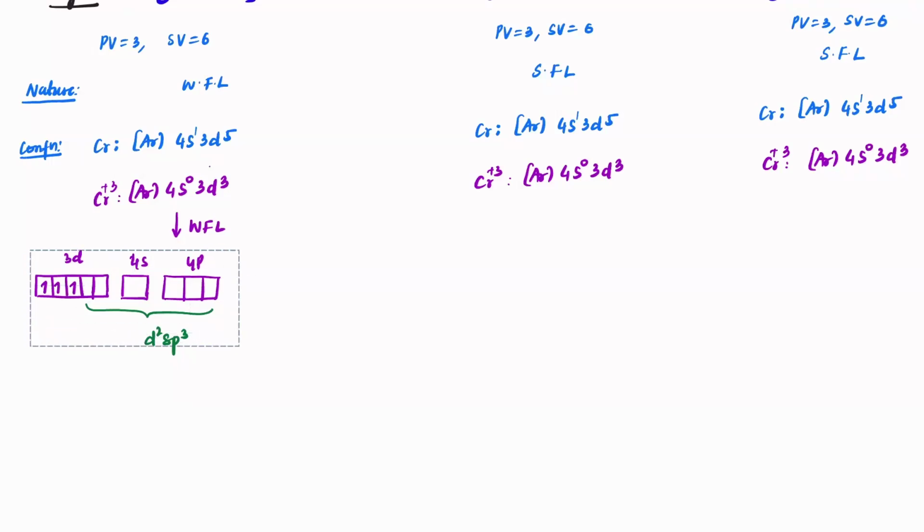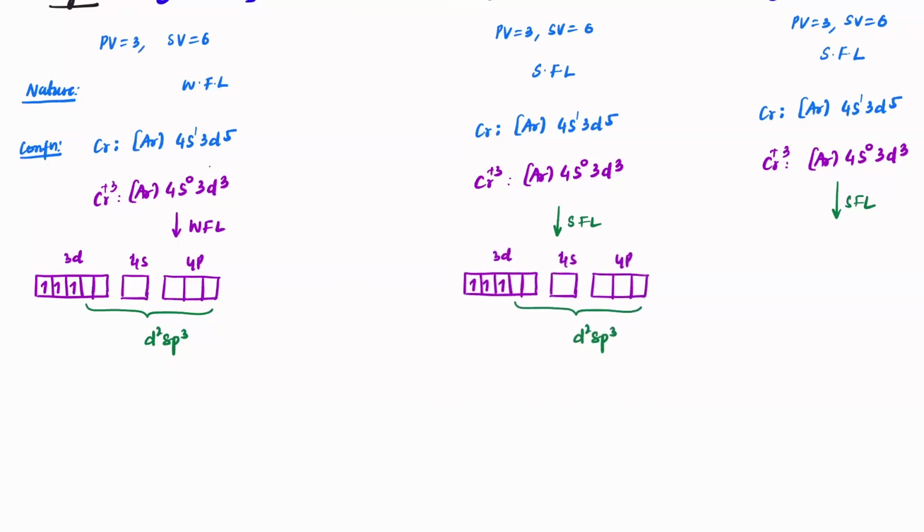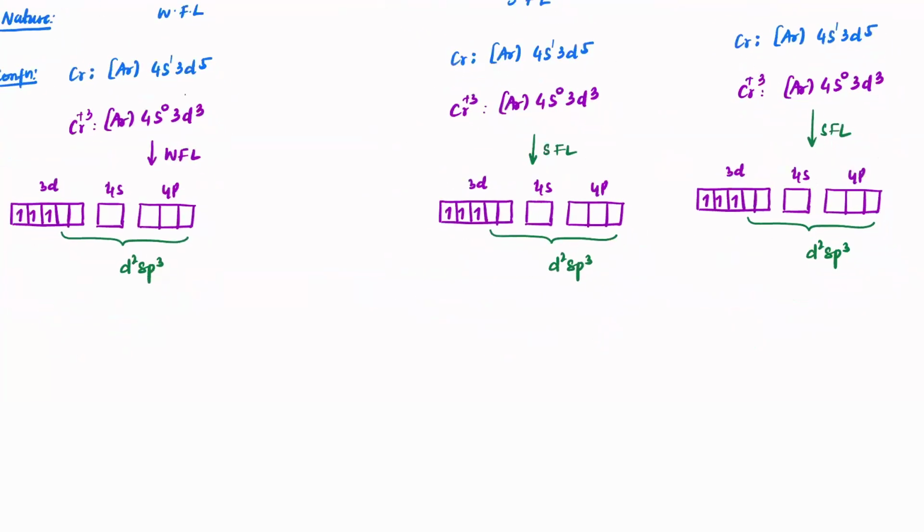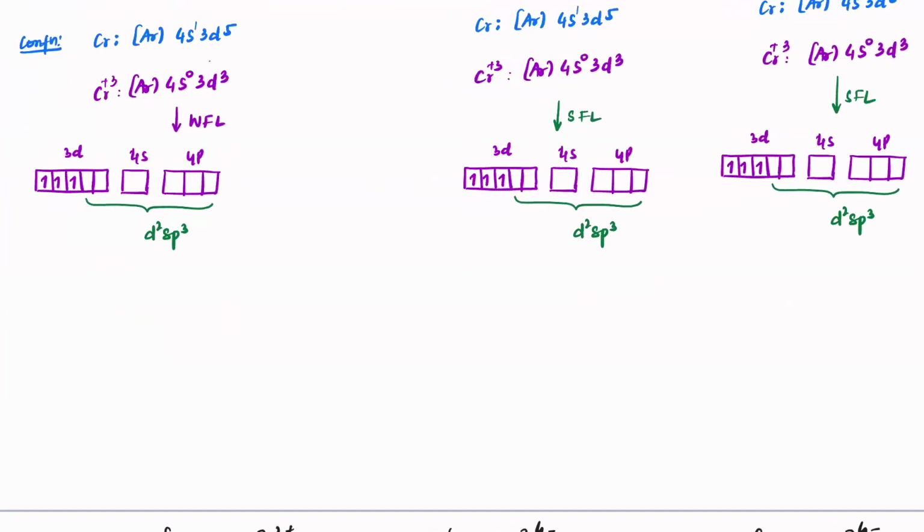Now here also it is the same case, because irrespective of whether you have a strong field ligand or a weak field ligand, here we have a strong field ligand, here also we have a strong field ligand, but it does not make any difference. Since it is a d3 configuration, whether it is a strong or weak field, you will always have the same configuration.